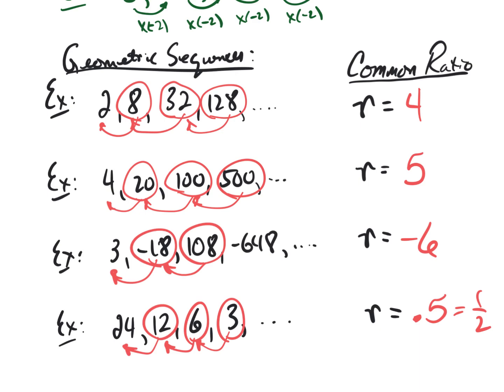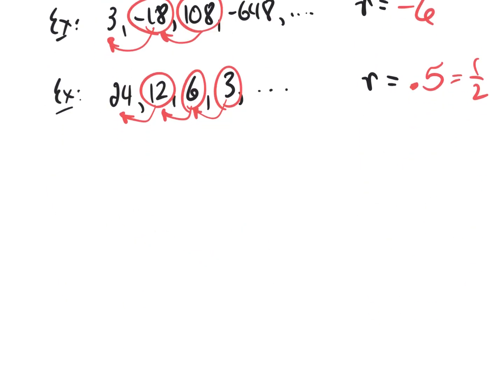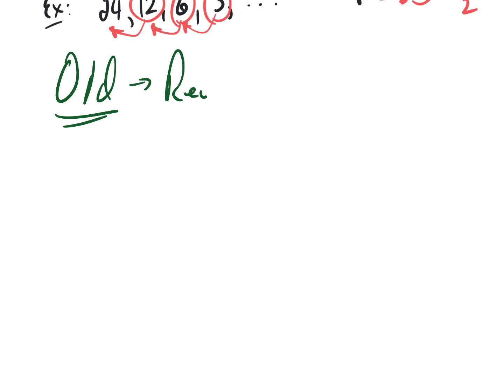Okay? Alrighty. Now, remembering sequences from earlier this year when we had talked about arithmetic, just a quick reminder, this is old, or if you prefer, this is a review. With arithmetic sequences, you didn't have to multiply by the same number to go from one term to the next.